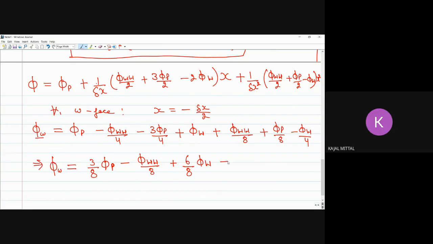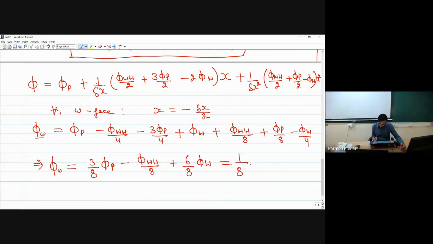Yes, sir. So finally, I will be getting 1 by 8 times 3 phi P minus phi WW plus 6 into phi W. Okay. So this is how I have obtained the expression of phi w when I am using quadratic interpolation function.